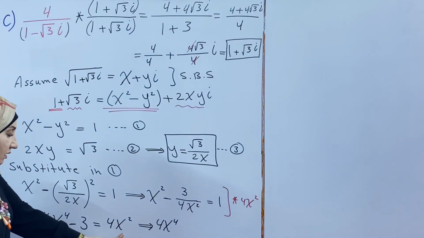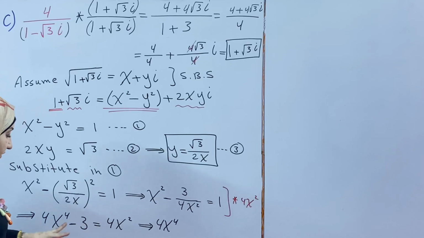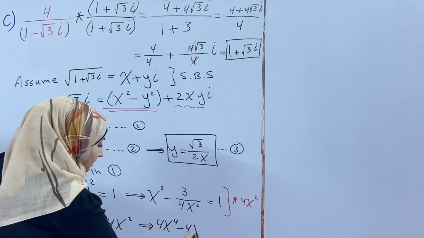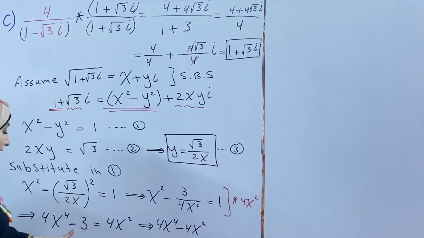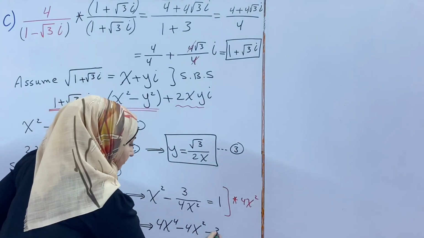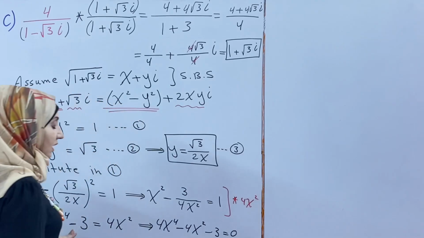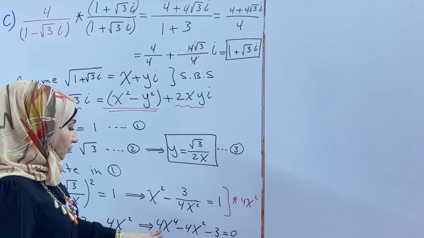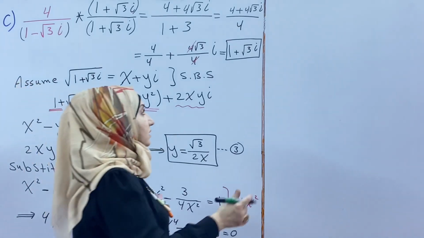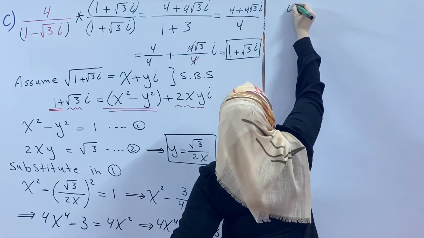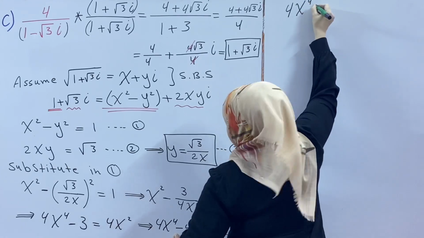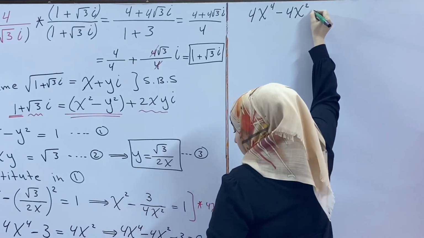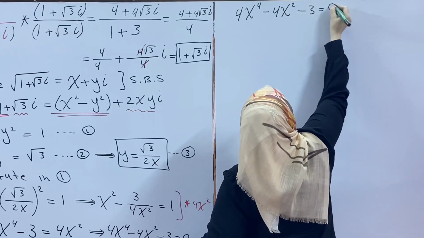When I move this value to this side, it will be minus 4x squared minus 3 equals 0. Now I want to factor this equation to get the values of x: 4x power 4 minus 4x squared minus 3 equals 0.